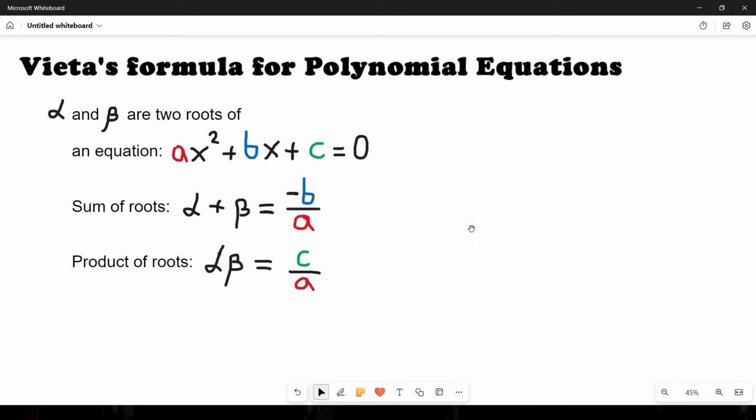Their sum is the second coefficient over the first one, with a negative sign in front of that, and for their product, when we multiply them, we take the third coefficient and put it over the first one. So alpha and beta, which are the two roots, their sum is minus b over a, and their product is c over a.